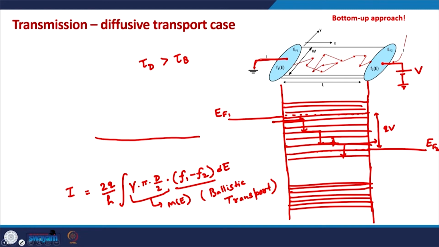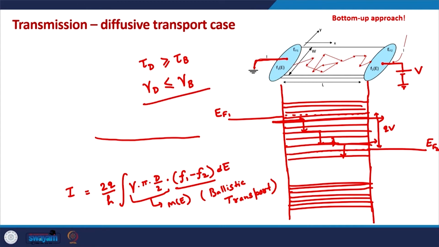At least this we can say, because in the case of ballistic transport the electron was directly going to the drain side without changing the mode. Now, the electron is colliding, so it is always greater than or equal to Tb, which means that gamma in the diffusive transport case will always be less than or equal to gamma in the ballistic transport case.